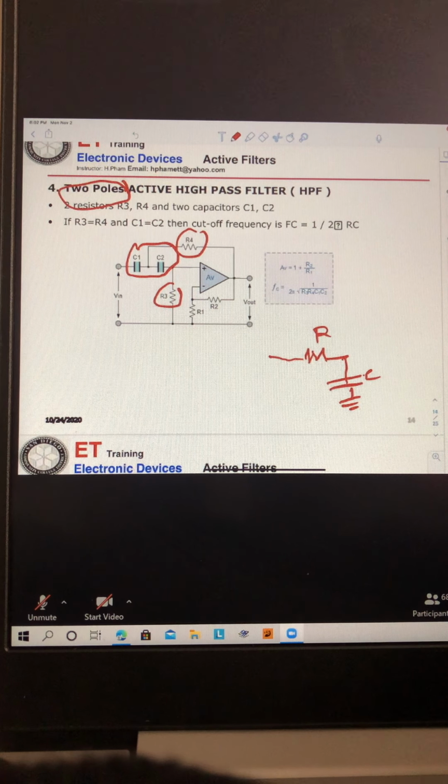And also, if you're looking into this circuitry here, can you tell me what amplifier they used to build it? Non-inverting amplifier? Exactly. Non-inverting. What is the gain? 1 plus R2 over R1. All right. Okay.